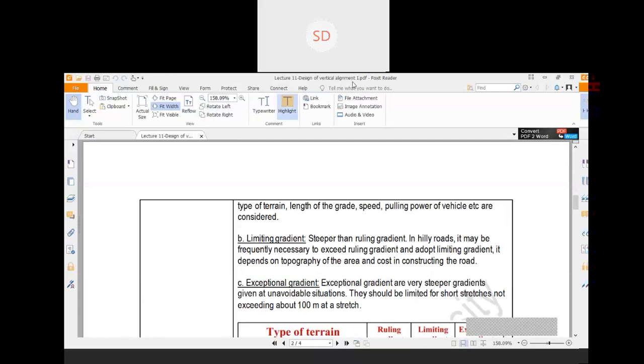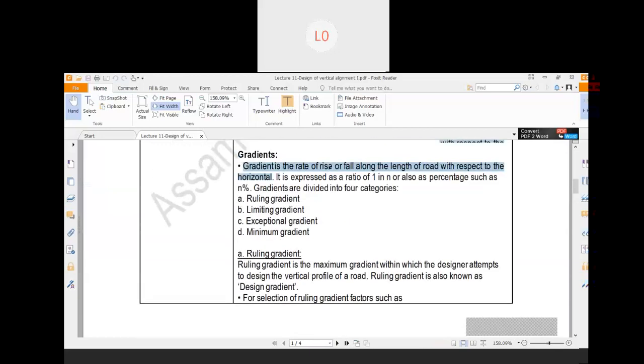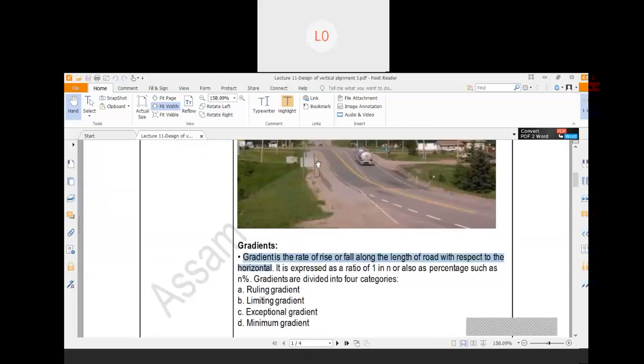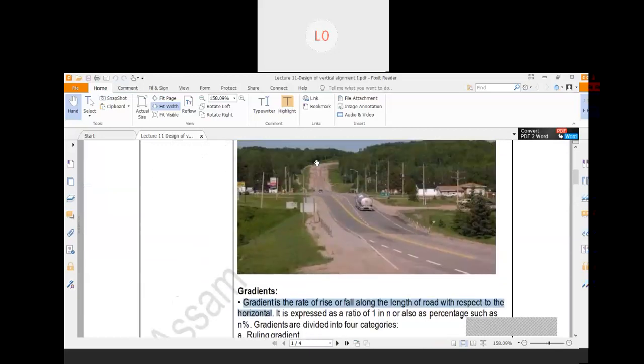Student: Sir, can you explain that gradient again? Okay, gradient is nothing but the rise and fall along the section of the road. Rise and fall means up or down. It is the rise and fall along the length of the road with respect to the horizontal.